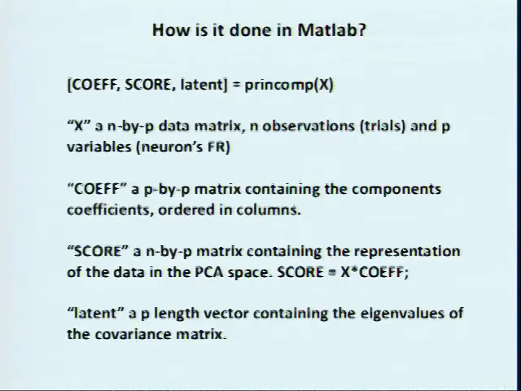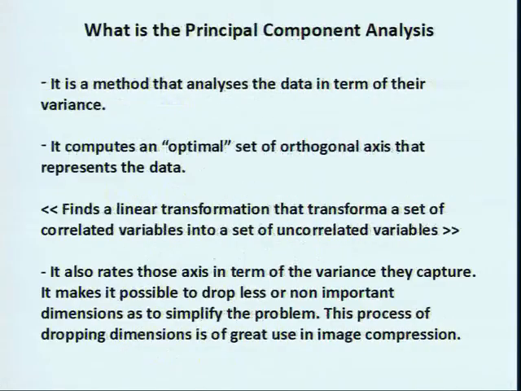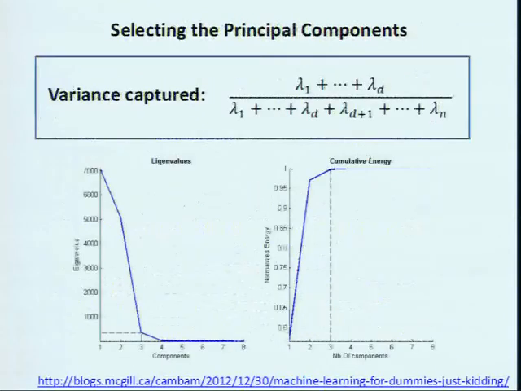Remember the definition: PCA finds a linear transformation that transforms a set of correlated variables, the input, into a set of uncorrelated variables, and these are the components. Each component is absolutely uncorrelated with the others, so there's no redundancy in the data. None of the variance explained in the first component is going to be captured by any other component, and this is a very important feature of the PCA.